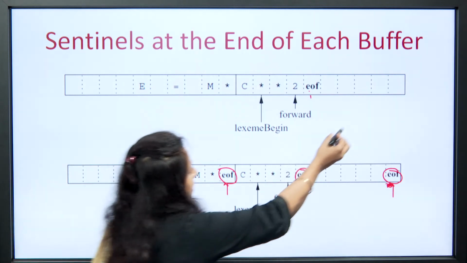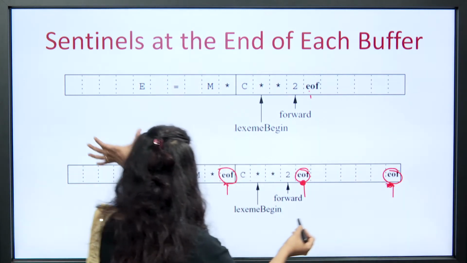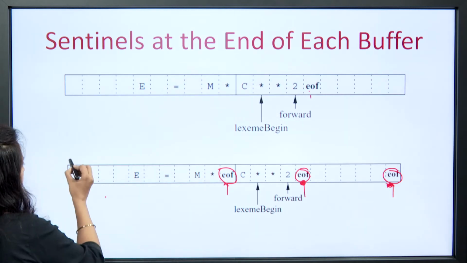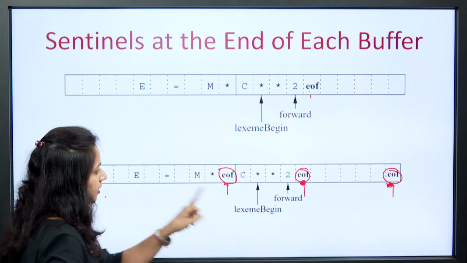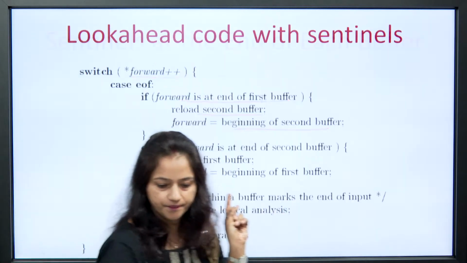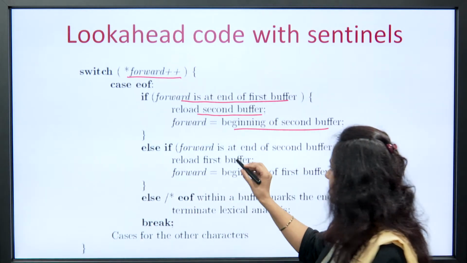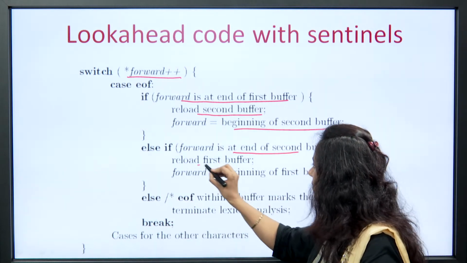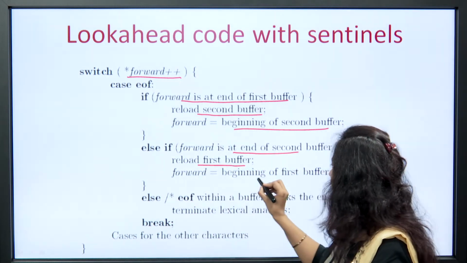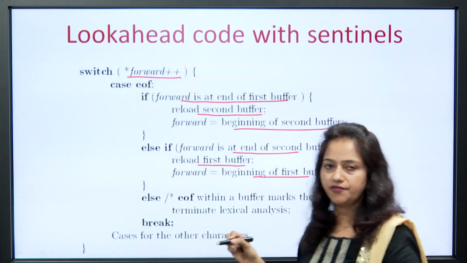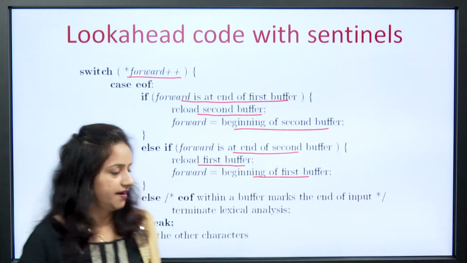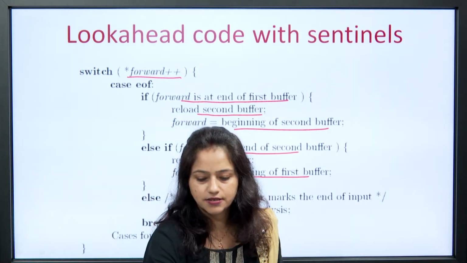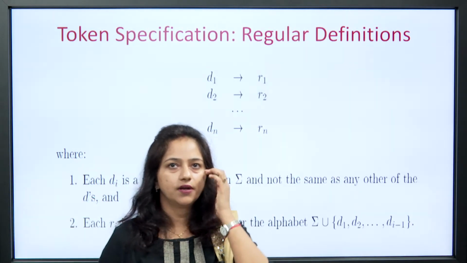Similarly, if the forward pointer is at the end of the second buffer, we reload the first buffer, and the forward pointer will point to the beginning of the first buffer, as I explained. The remaining cases can be written over here. So, this is how we load and reload the buffers.